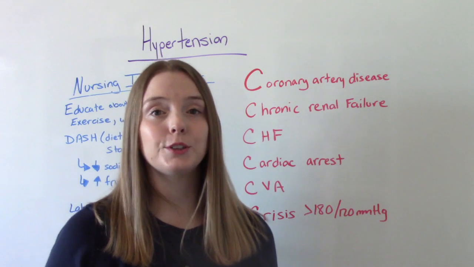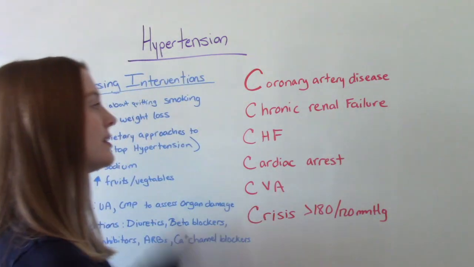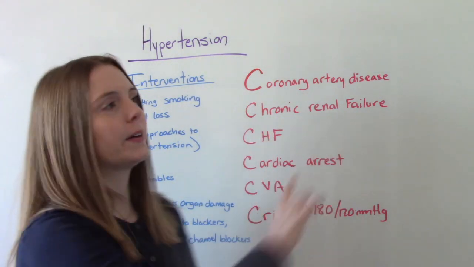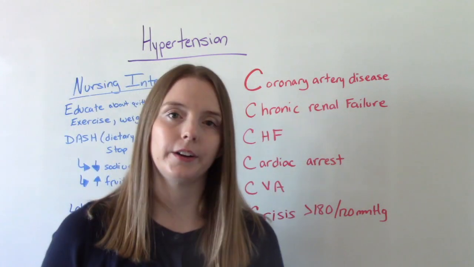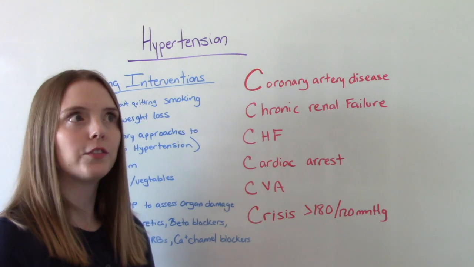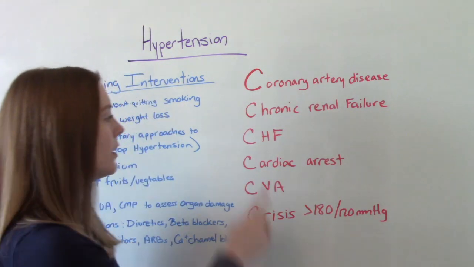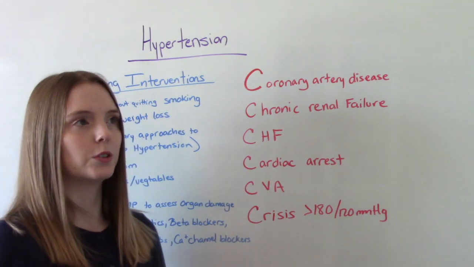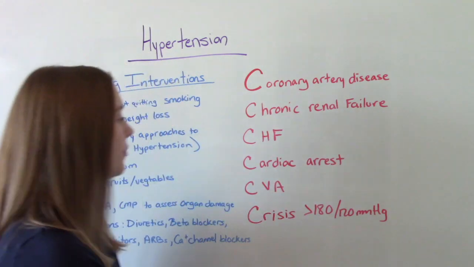When it comes to complications from hypertension, you want to remember the 6 C's. So the first C is coronary artery disease. The narrowing of the blood vessels leads to coronary artery disease. Chronic renal failure, so the blood flow to the kidneys is not adequate. CHF, congestive heart failure, the heart not working as well and not pumping as efficiently.